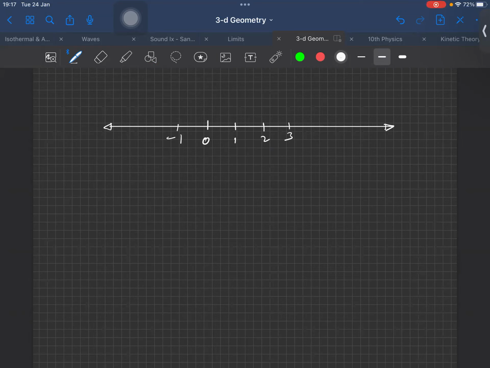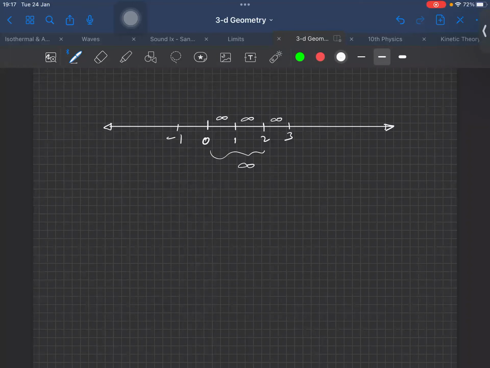There are infinite real numbers between 0 and 1, and here also infinite real numbers. Between 0 and 2 also we have infinite numbers. So infinity is not defined. Infinity is not a real number, that's it.